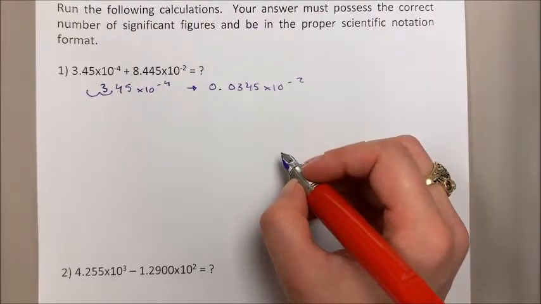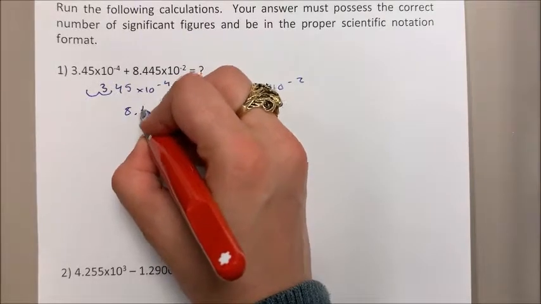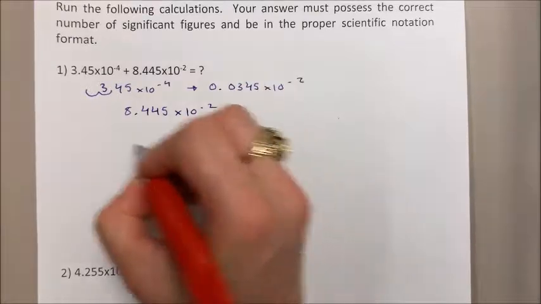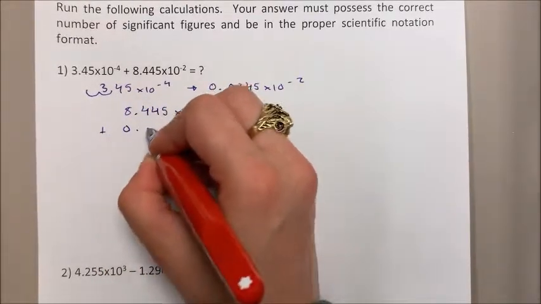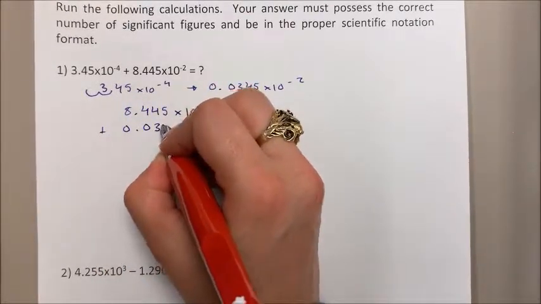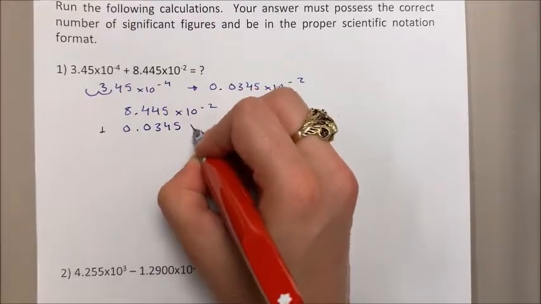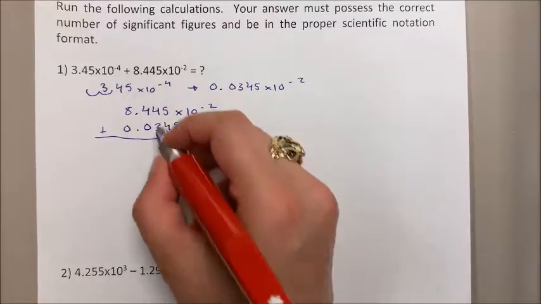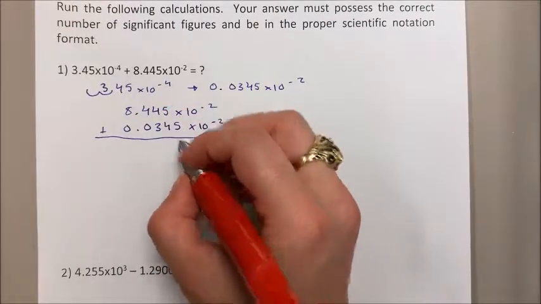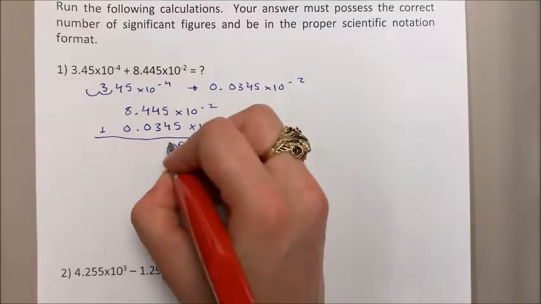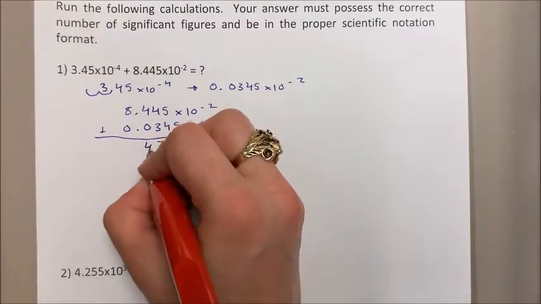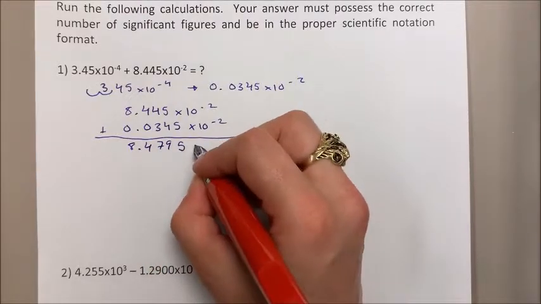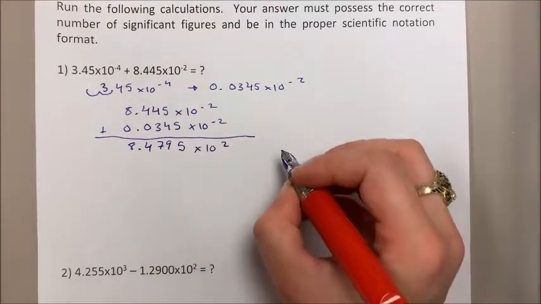Now we can set up our addition. 8.445 times 10 to the minus 2 plus 0.0345 times 10 to the minus 2. First, we're going to add our decimal portions, and that's going to get us 8.4795 times 10 to the minus 2.